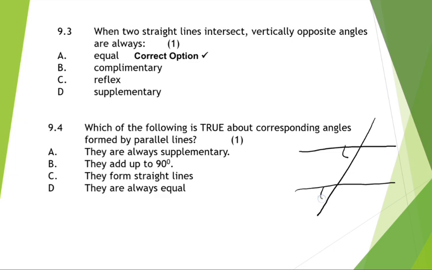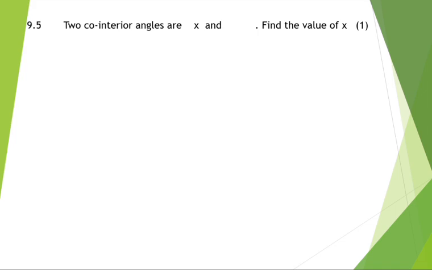This angle corresponds to that one, so they are equal if these two lines are parallel. This one and that one are corresponding, so they are always equal. So the correct option is D. Then move on to 9.4.